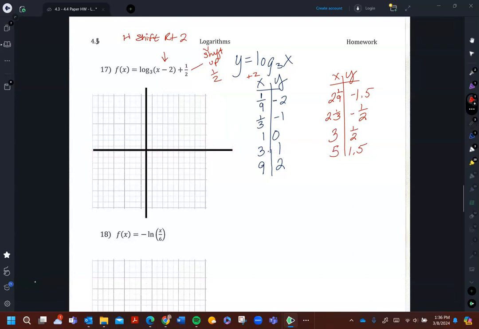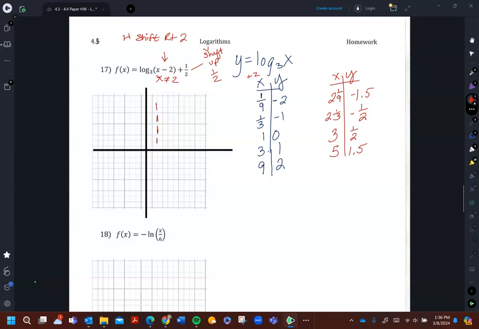And I want to put my asymptote in at 2, because that's right here. I can't have a 2. X cannot equal 2 or anything to the left of that as well.